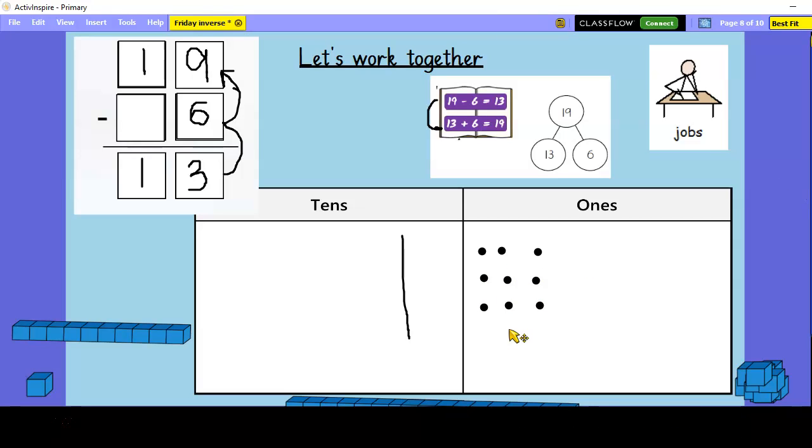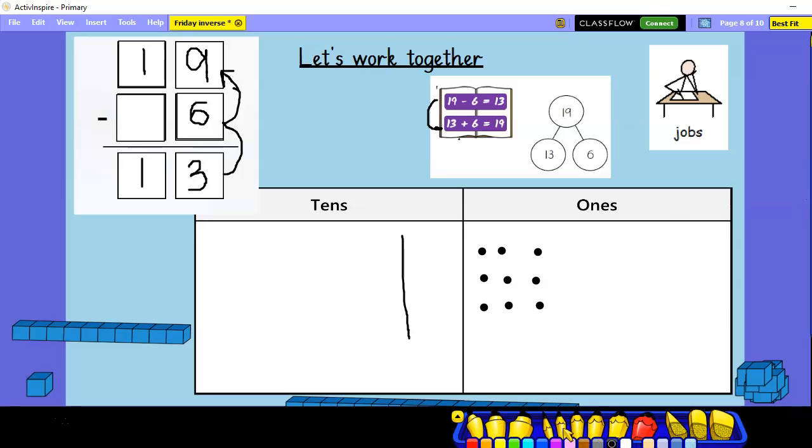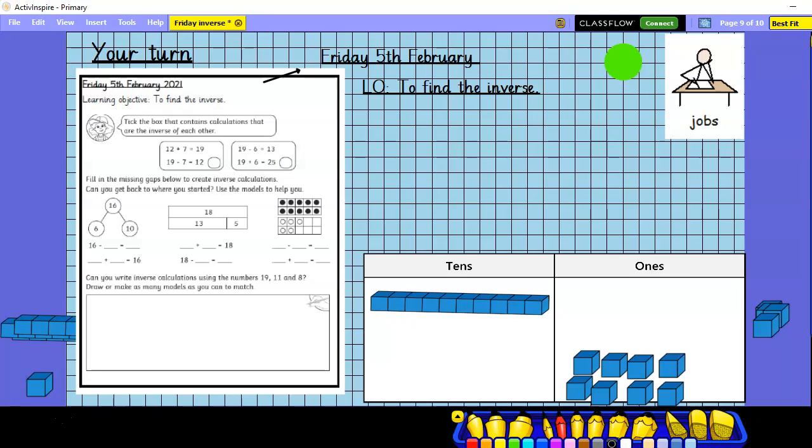So let's see, 13 in my head, 6 on my fingers. I've got 13, 14, 15, 16, 17, 18, 19, which means I am correct. Fantastic.